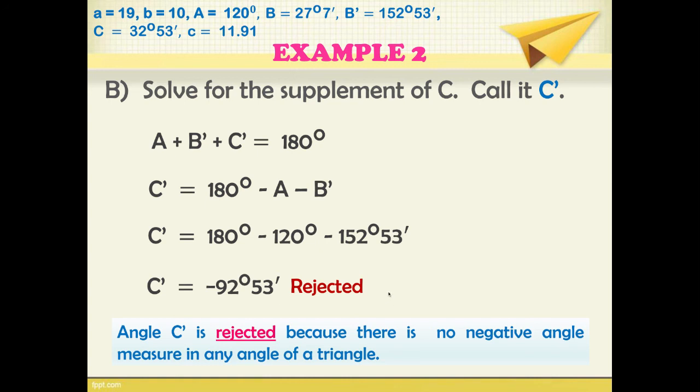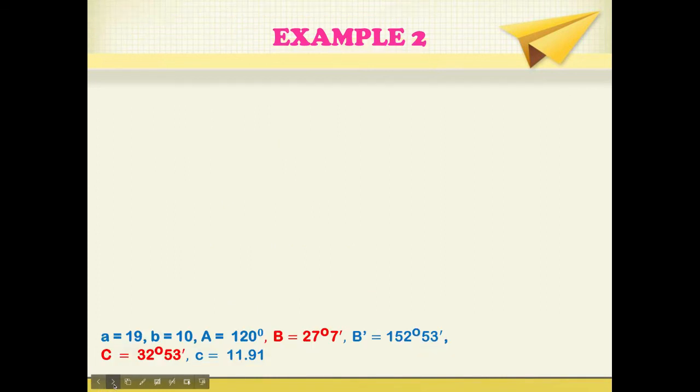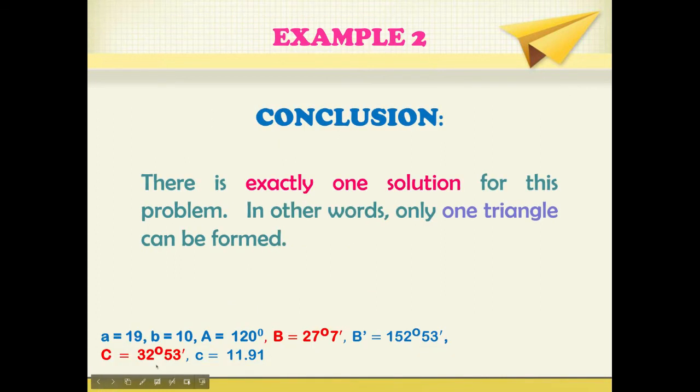So an angle cannot be negative. Therefore, for our conclusion, there is exactly one solution for this problem. In other words, only one triangle can be formed.